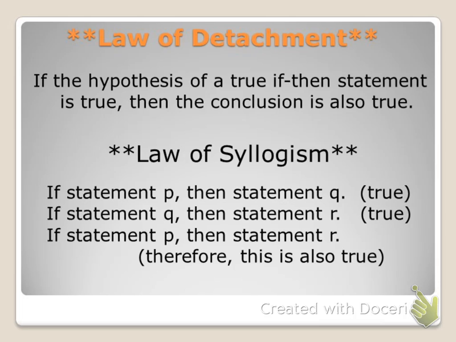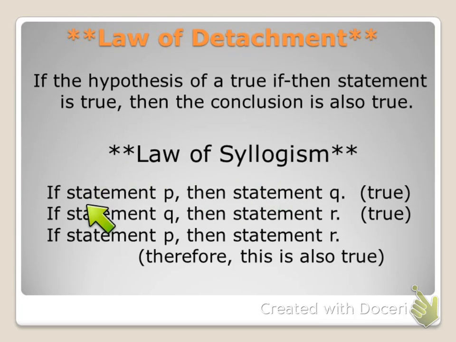The next one's the law of syllogism. The law of syllogism actually involves kind of like 3 steps. So the P, Q, and R represent different parts of the statement. So we can go back to the duck one. It would say, if the duck is on the pond, then it is hungry. Then the next statement starts with the way the first one ends.